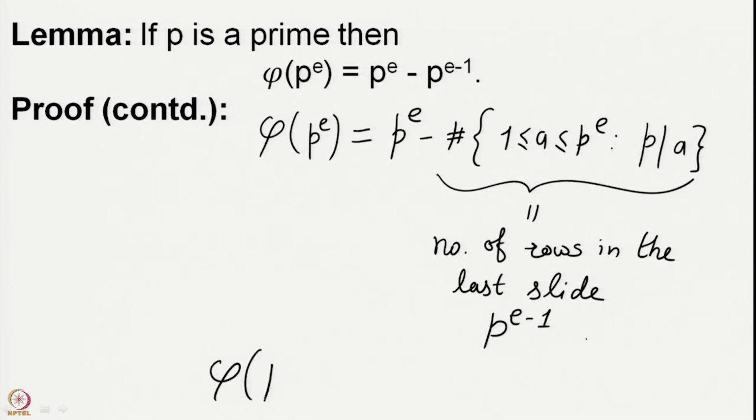Therefore we get that phi(p^e) is equal to p^e minus p^(e-1), a very simple proof. So, this is the proof that allows us to compute the phi value for any prime power.